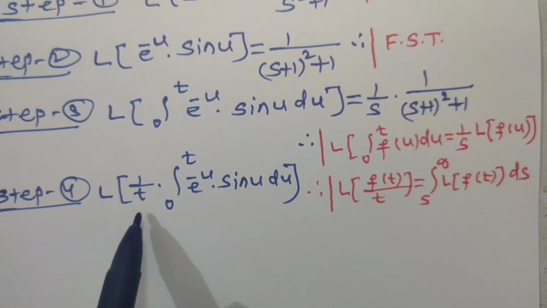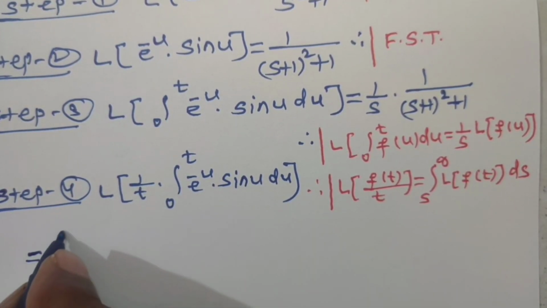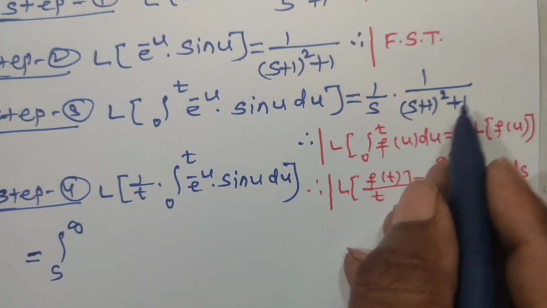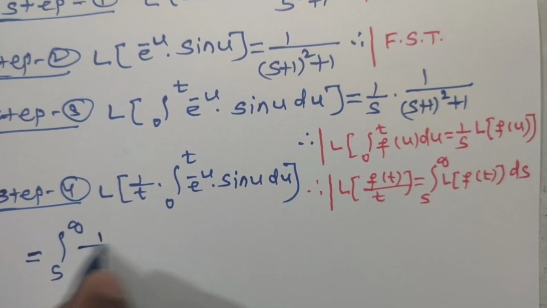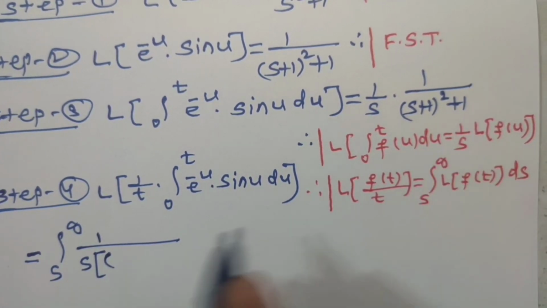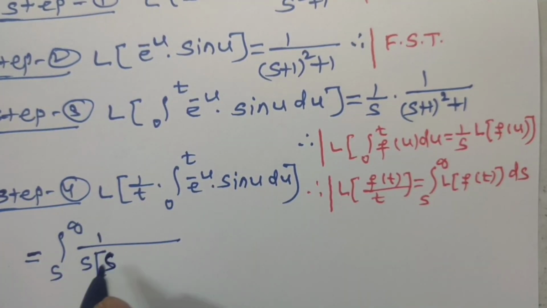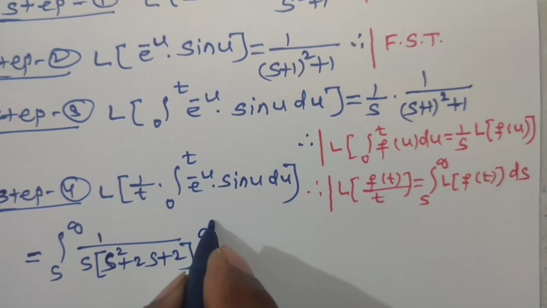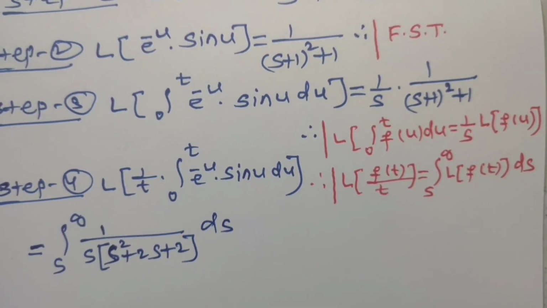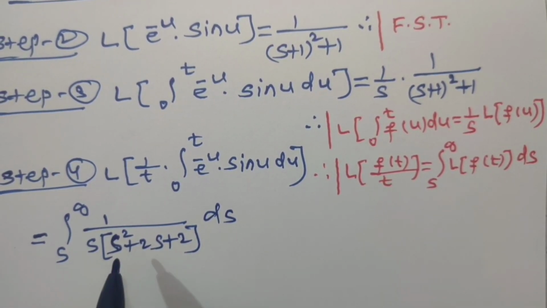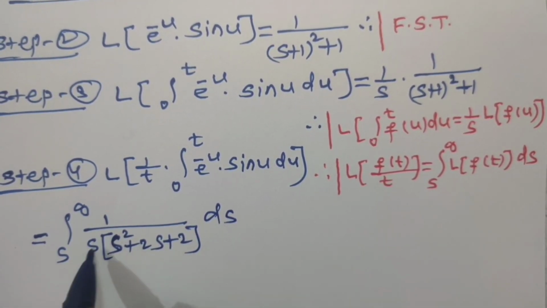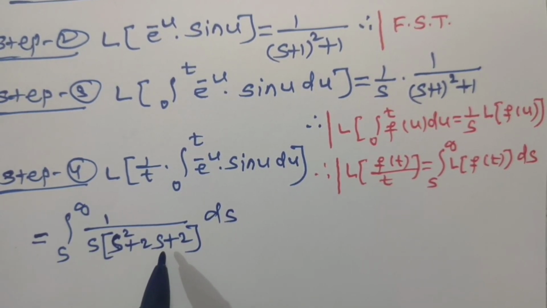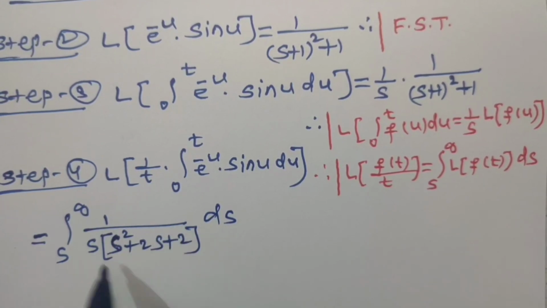So this is equal to the integral from s to infinity of 1 upon s into (s square plus 2s plus 2), integral with respect to s. Now we have to evaluate this integral, and then step number 5. s is a linear factor, s square plus 2s plus 2 is a quadratic factor. We have to find the partial fractions of this integrand.